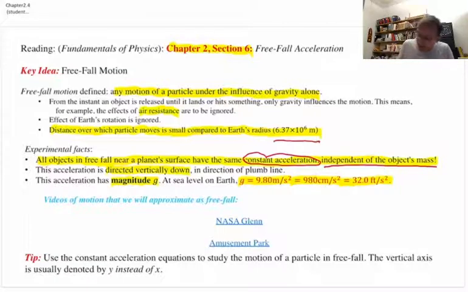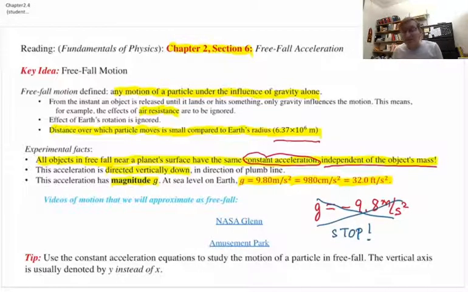A lot of times people end up writing this: g equals negative 9.8 meters per second squared. If you find yourself doing that, I can only emphasize very strongly, please stop.